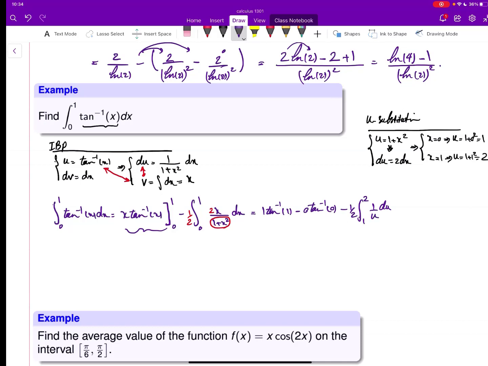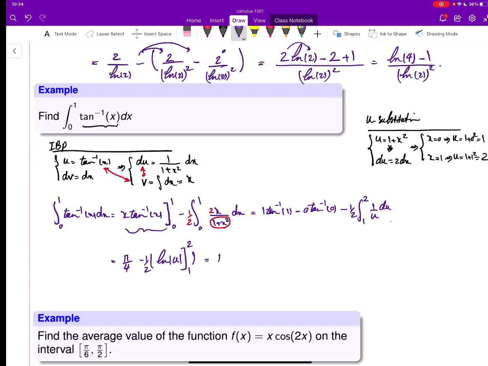Okay, so this is tan inverse of 1, which is pi over 4, minus 0, minus, well, we know the antiderivative of this guy, that is ln of u, well, absolute value of u, going from 1 to 2, there's a factor of 1 over 2 as well there, so we have this.